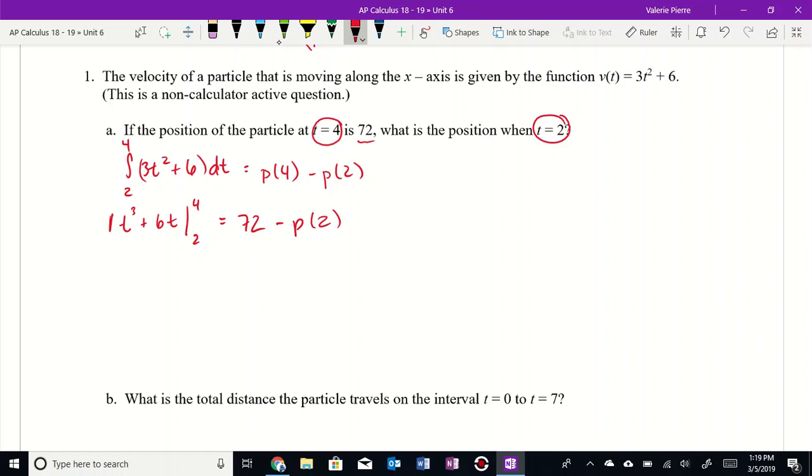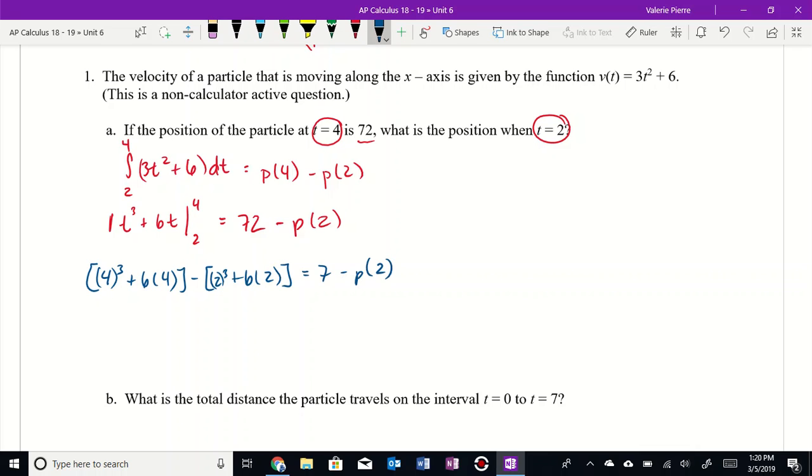So now on the left side, I'm going to apply the fundamental theorem once again. So we have f of b, which is 4, so we have 4 cubed plus 6 times 4, minus 2 cubed plus 6 times 2, equals 72 minus P of 2.